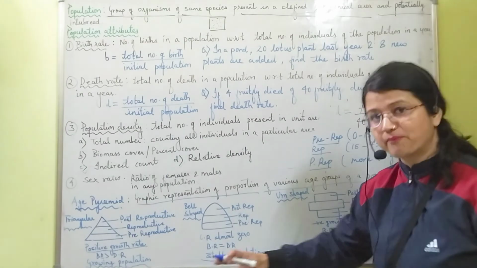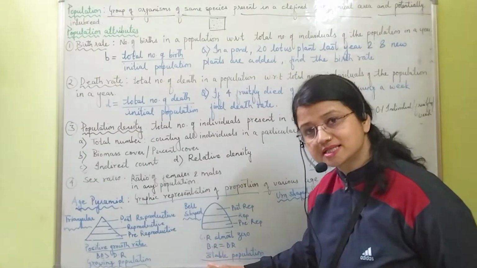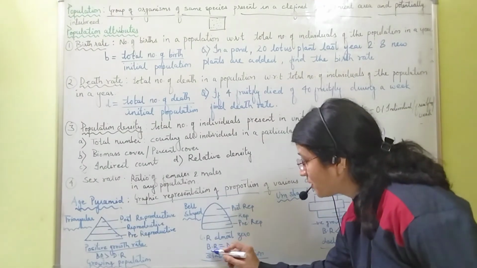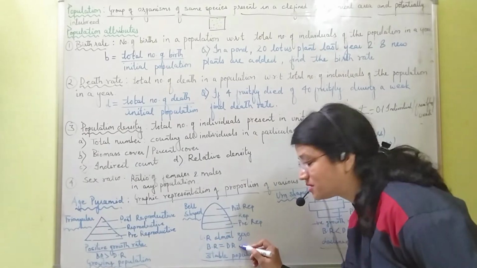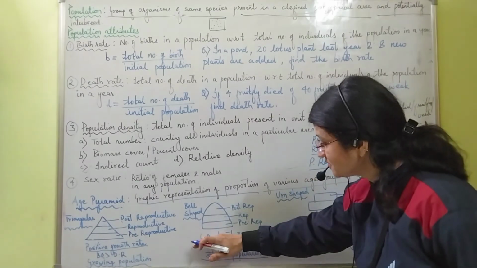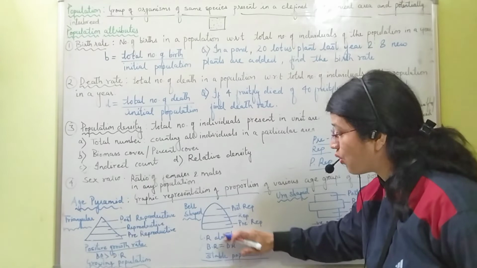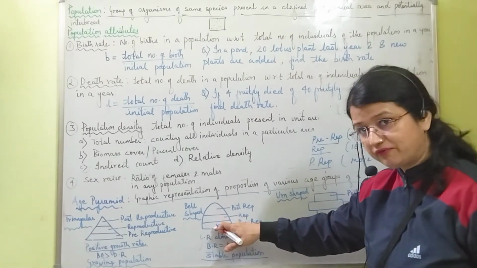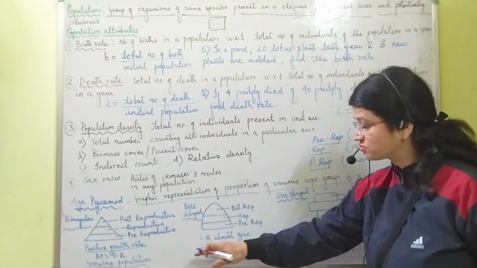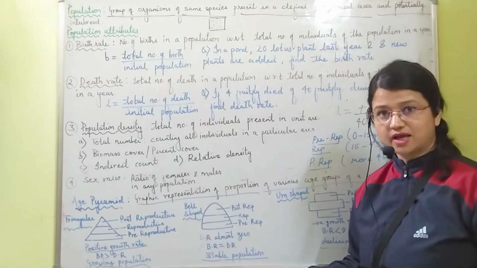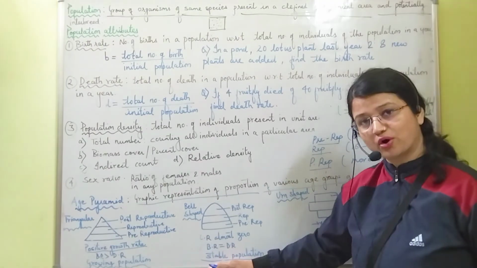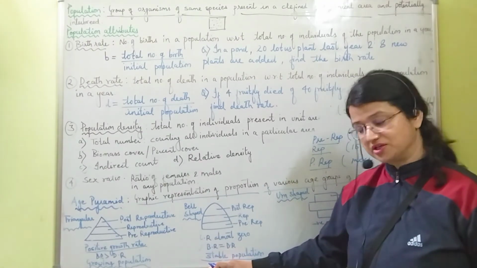Here birth rate is equal to the death rate, and growth rate is almost 0. Clear? Why is the growth rate almost 0? Because birth rate is equal to the death rate.